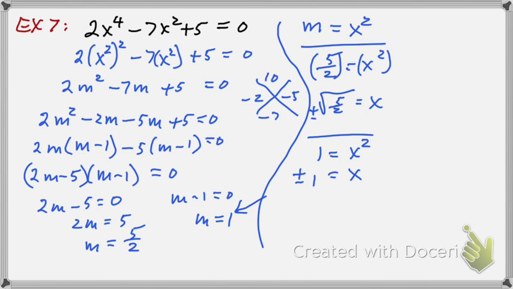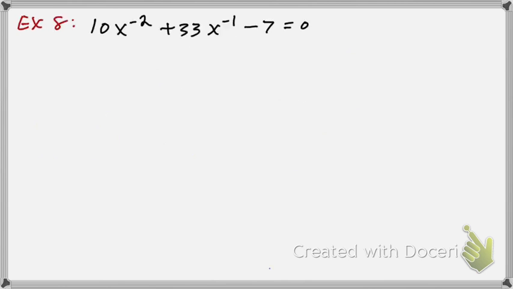All right, here's one that you're going to have. These last two are kind of like what you're going to have in homework, but this one definitely is. Does this work with negative exponents? I'm looking at this middle term here, x to the minus 1 power. That's what I'm going to let m equal. This looks weird.